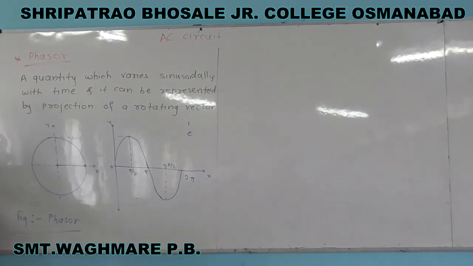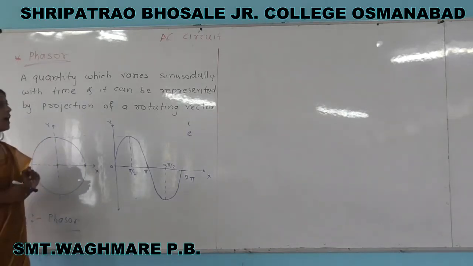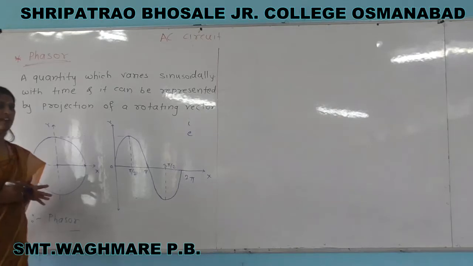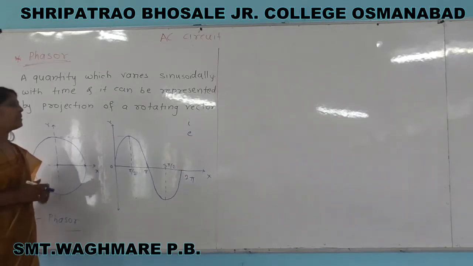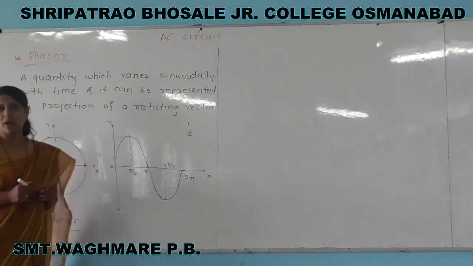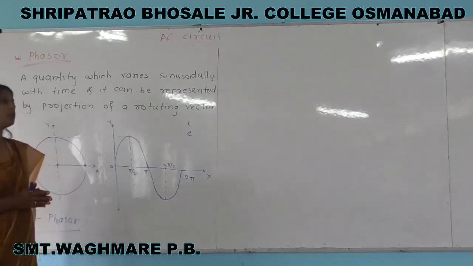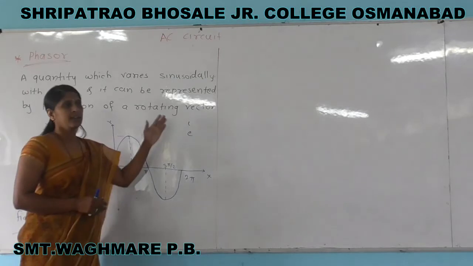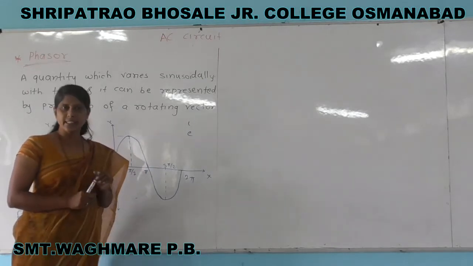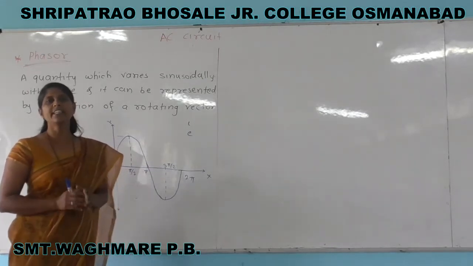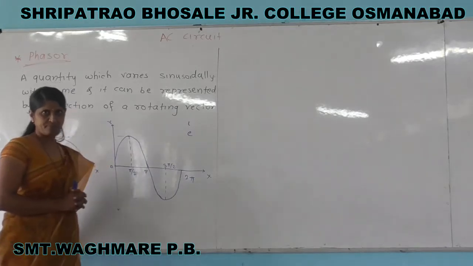I and E are represented as rotating vectors, and if there is some angle between this current and EMF, then the angle between these two quantities is called the phase, and the vector which represents this AC current and AC EMF is called the phasor.